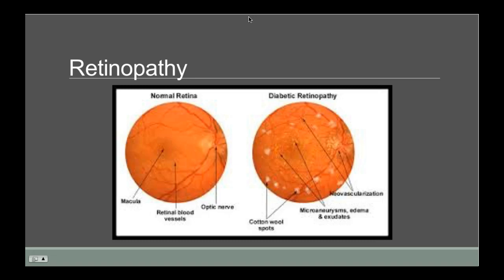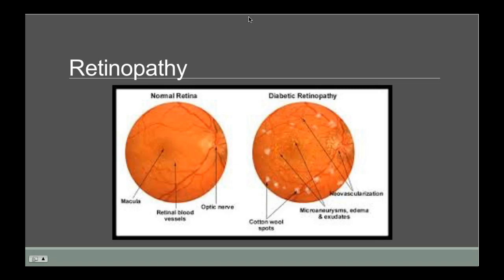And what happens is there are two different types. There's the non-proliferative and the proliferative. And the non-proliferative is more common, but the proliferative is more severe.